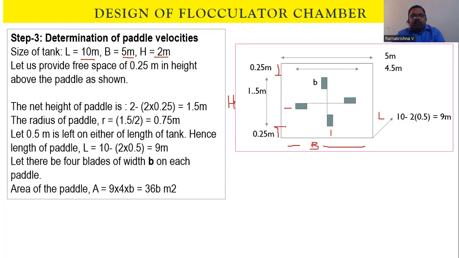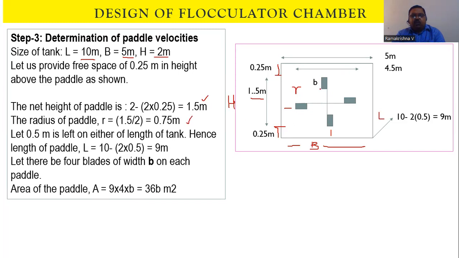Total height is 2 meters. 2 minus 0.25, 0.25, remaining is only 1.5 meters. 1.5 meters is the height of the entire paddle here. So what is the radius here? Radius is half the height. So 1.5 divided by 2, 0.75. So this is the radius.